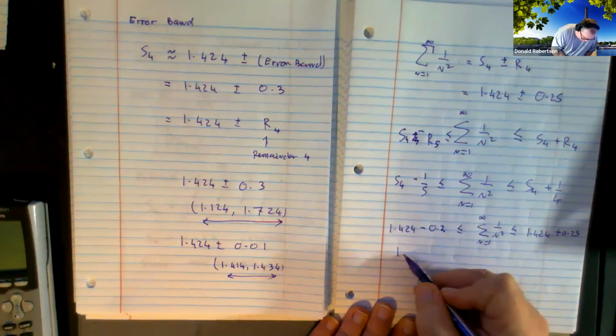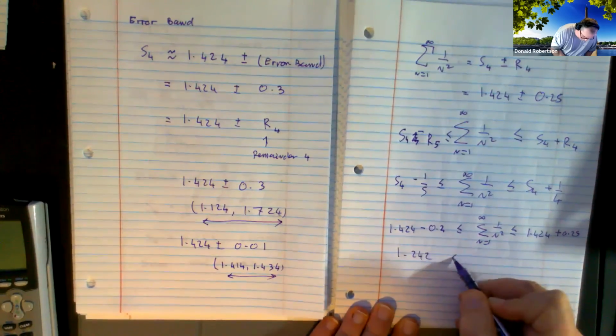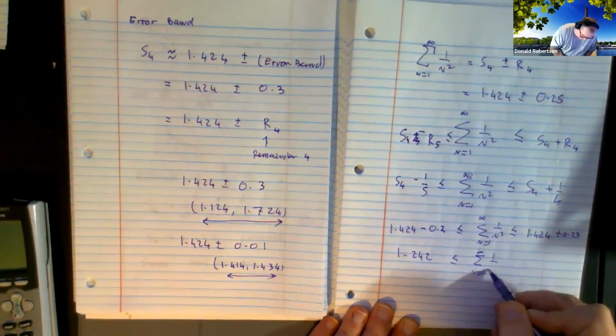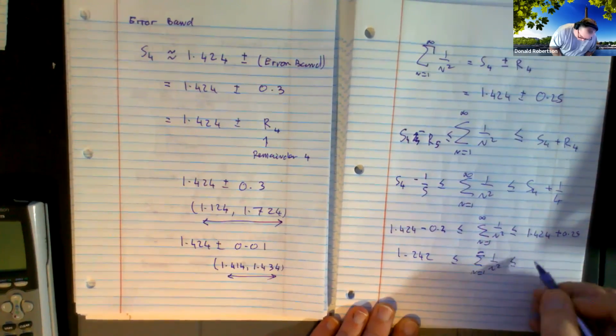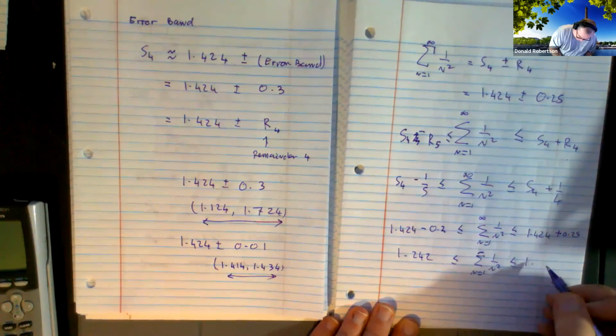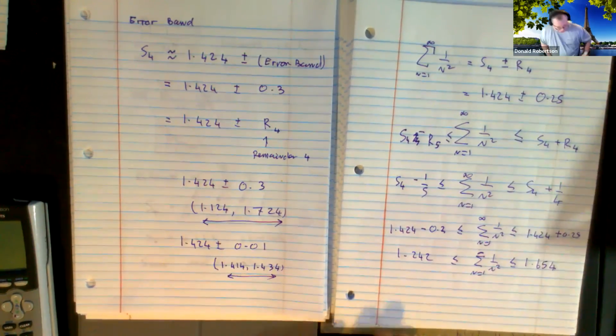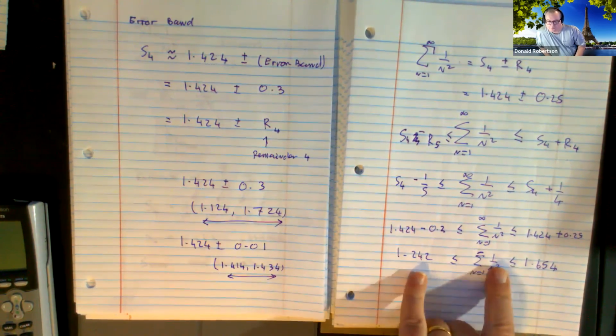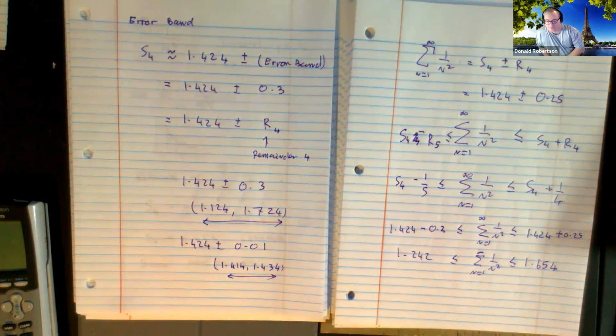So on this side, it's 1.242. And on this side, it's 1.654. So I know that this answer converges, and I know it's somewhere between 1.2 and 1.7 roughly.